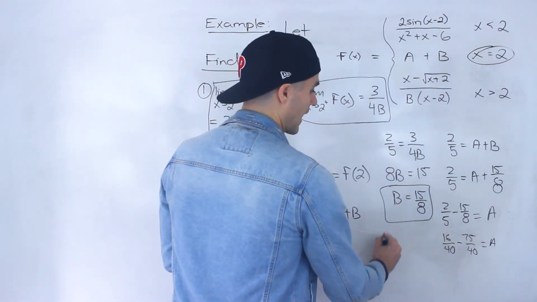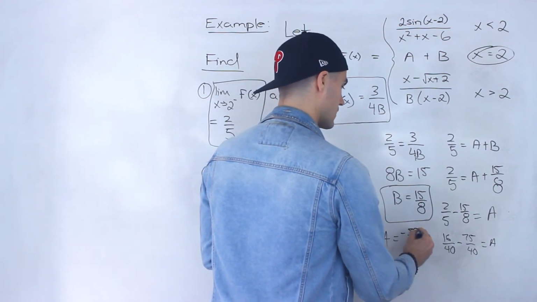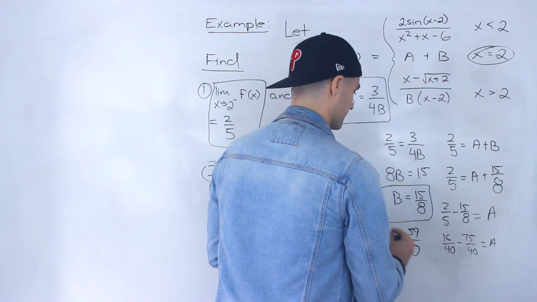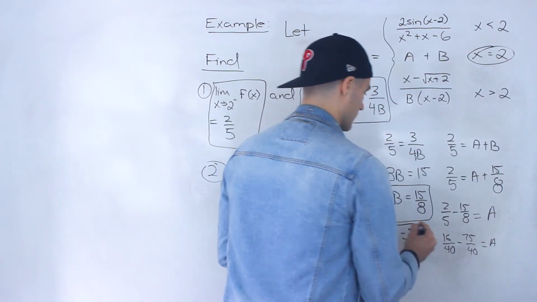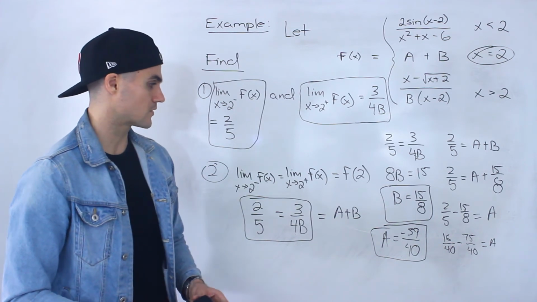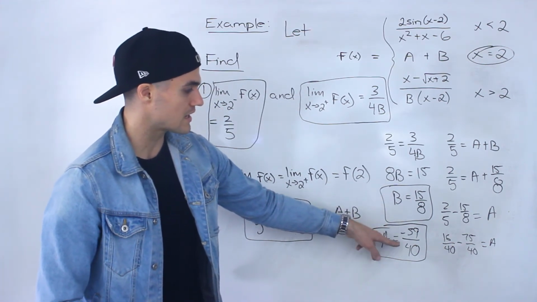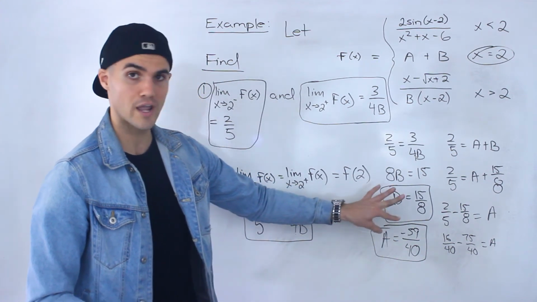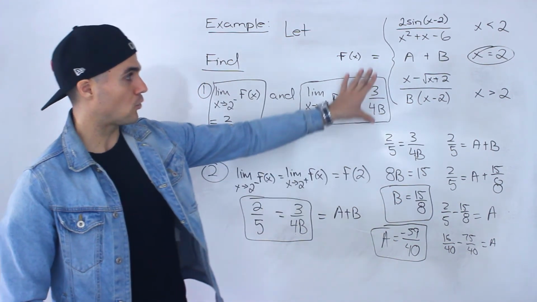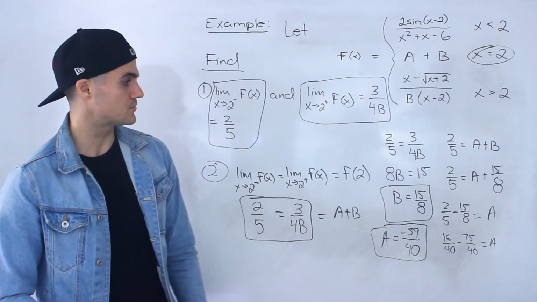And so when you do that, a would end up being negative 59 over 40. And so those are the answers to this question, right? So the a and the b have to be these corresponding values, negative 59 over 40 and 15 over 8 respectively, in order for this function here to be continuous.